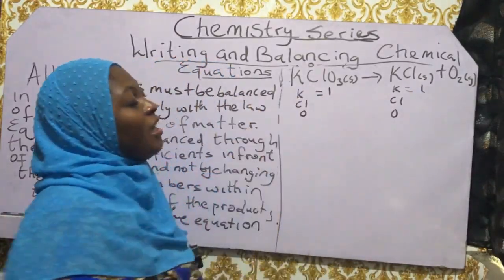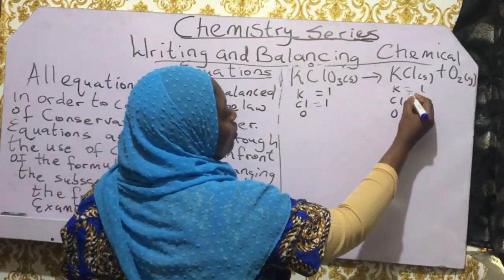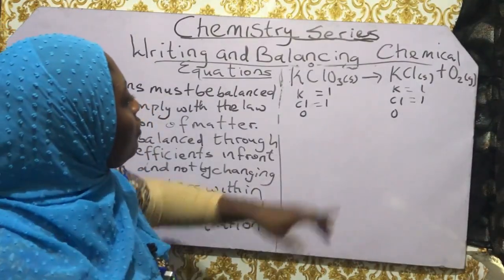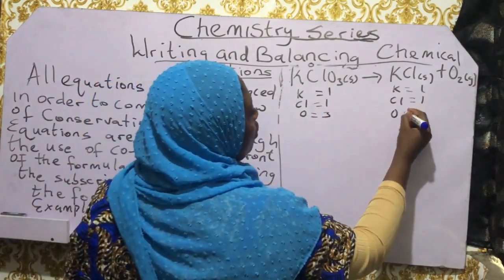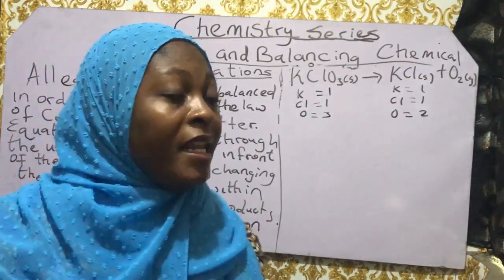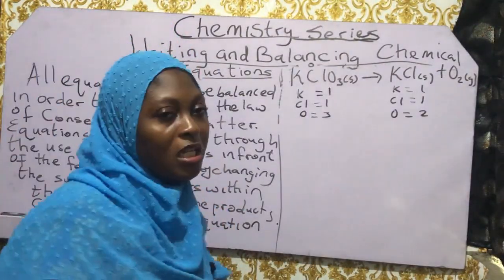In the reactants, we have 1 atom of chlorine, and in the product, we have 1 atom of chlorine. In the reactants, we have 3 atoms of oxygen, and we have 2 atoms of oxygen in the product. So we see potassium and chlorine are balanced in both the reactants and the products, but oxygen is not balanced.